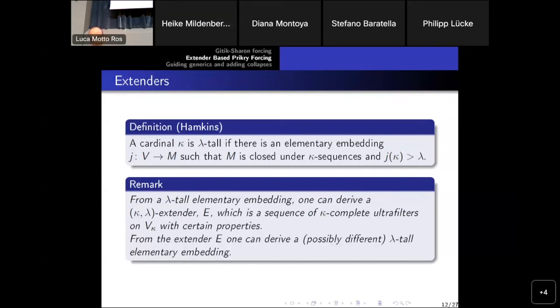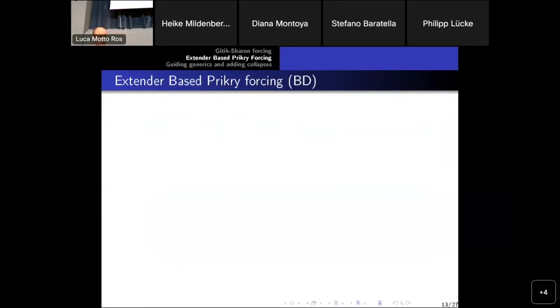The only thing that we would need from this part is some notion of width of the embedding that I'm going to talk about in a minute. But let's assume that we have such a combinatorial object called an extender from which we can derive the tallness embedding.